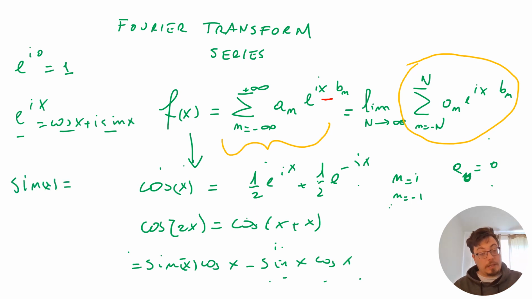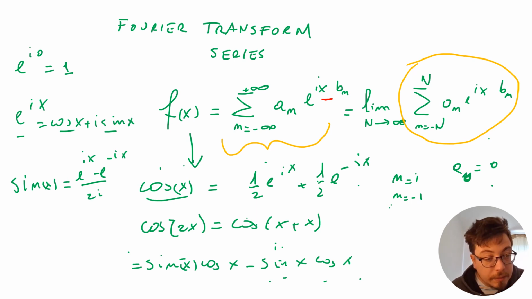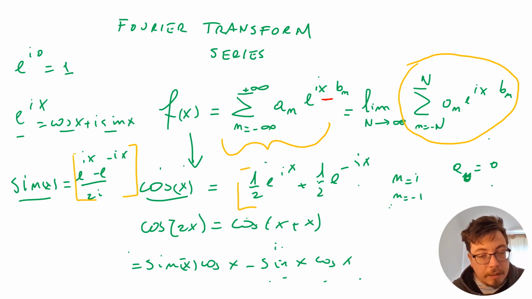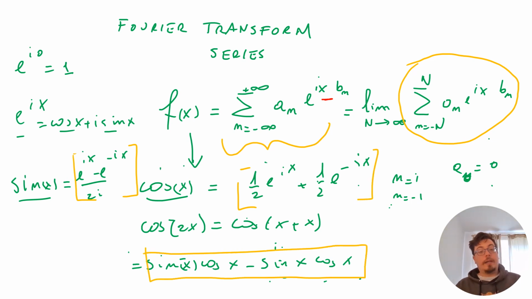Sinus of x, we can easily prove that it is e to the ix minus e to the minus ix, the difference divided by 2i. In the same way that we derived the cosinus, we can derive the sinus of x. Now, if we plug these relationships into this one, we can find what cosinus of 2x looks like, and there will be many terms. Not too many, but more terms. Okay, so enough for the moment. Then we will do some interesting functions and hopefully other examples. Okay, hope you enjoyed. See you later.